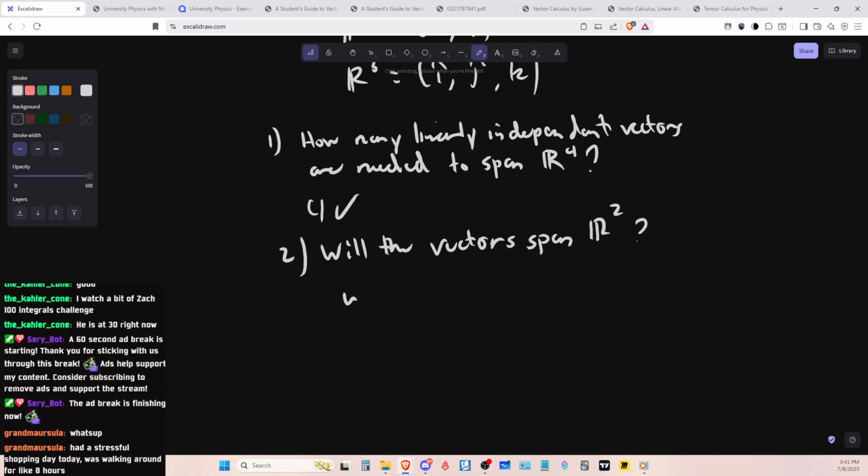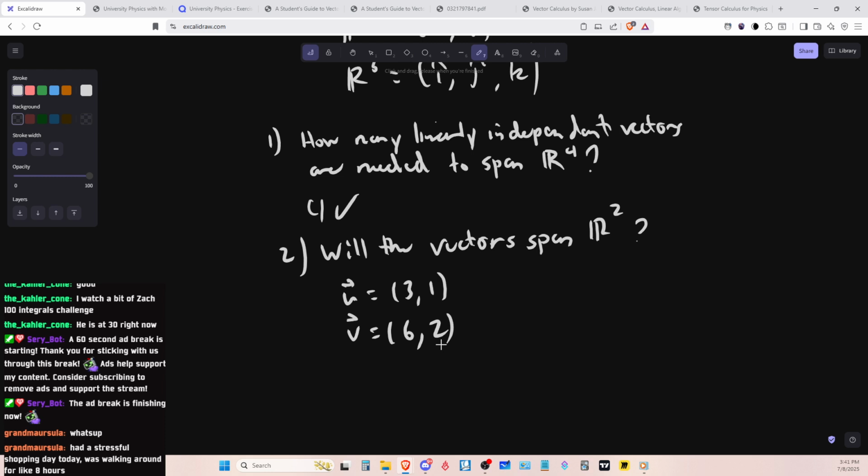So will vectors span... Like I was discussing before with linear independence, I noticed that vector v is basically not linearly independent.